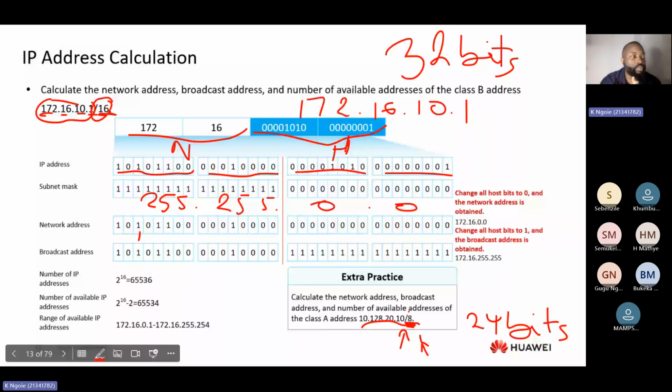Even after the dot. Yes, 172.16, and then 0, 0. Yes, the full network IP will be 172.16, dot, this part will be 0, dot, this part 0.